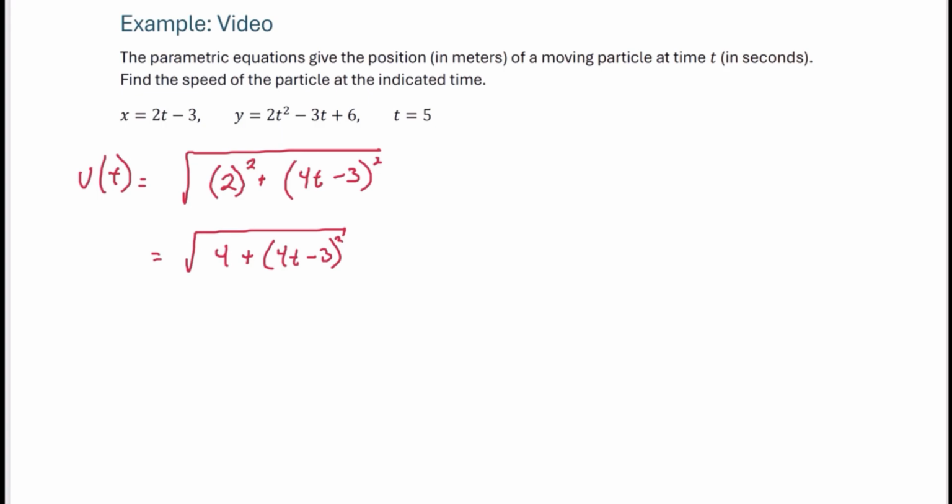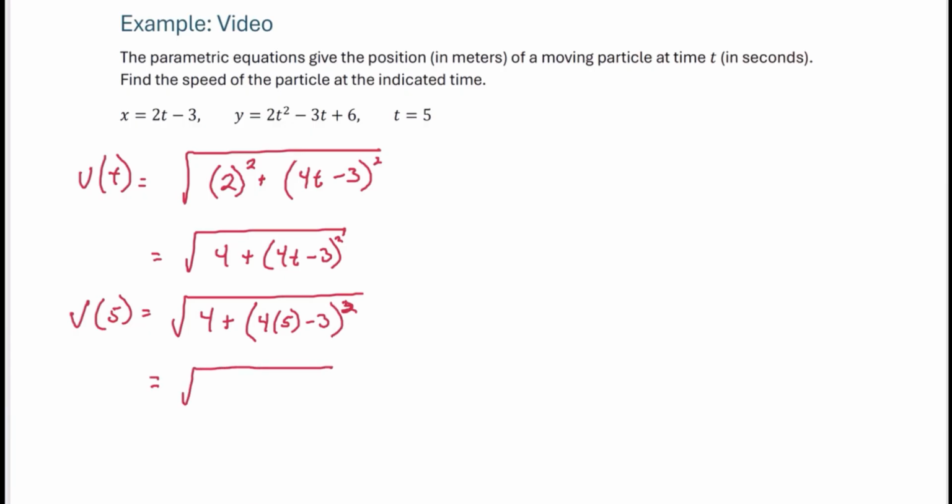And we want to know v at 5 seconds. We'll just plug in 5. 4 plus 4 times 5 minus 3 squared. That is the square root of 4 plus 17 squared, 4 plus 289.